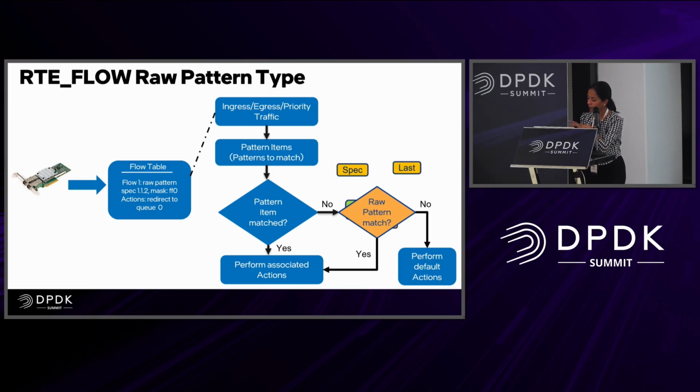It is an upper bound for an inclusive range with the corresponding field in spec. And mask is the bit mask applied to both spec and last, and the purpose of this mask is to distinguish the values that should be taken into account, or we can partially mask them out. If no raw pattern match happens, then it will perform the default action. If it does, then it performs the associated action.